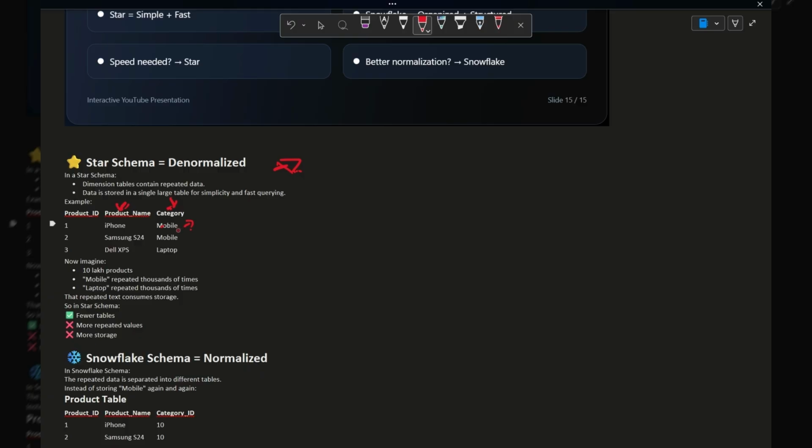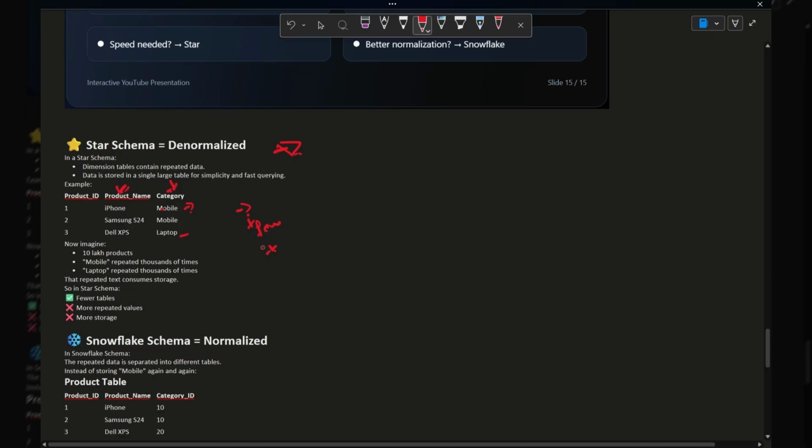If there are 10 lakh mobile products, 10 lakh times mobile will be repeated. In the same way, laptop. So this repeated text consumes more storage. In star schema, there will be fewer tables, more repeated values, hence more storage. So now we understand why star schema consumes more storage.